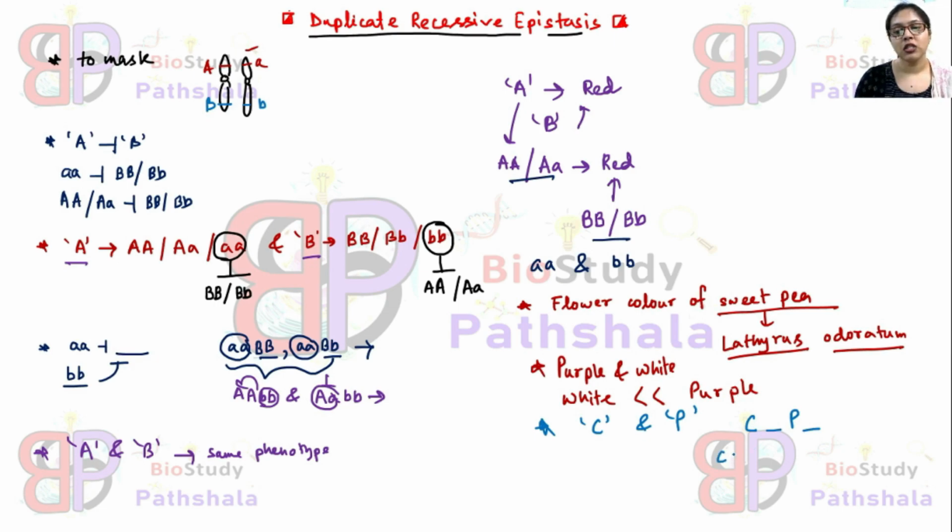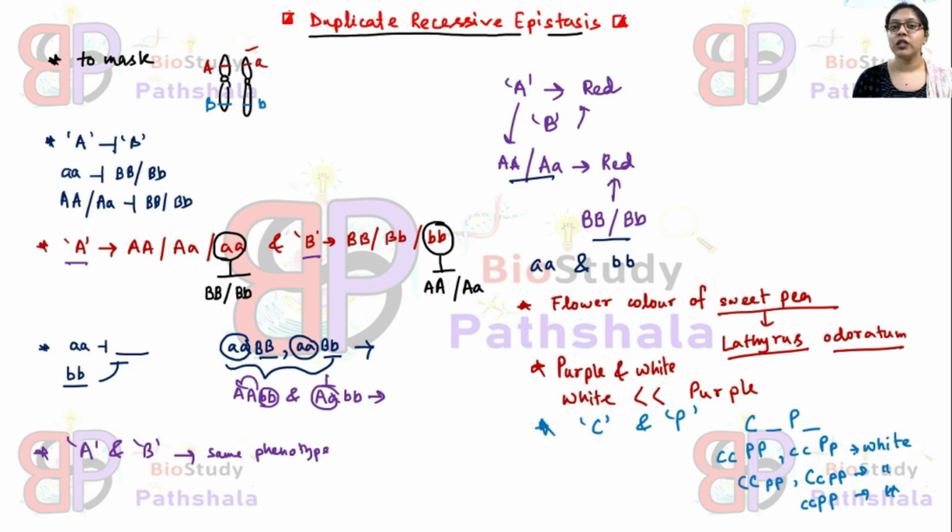If small c small c, capital P is present, then it will lead to formation of white coloration. Again capital C, small p small p is present, then it will lead to formation of again white color. And the last genotype, that is small c small c, small p small p will lead to formation of white color.